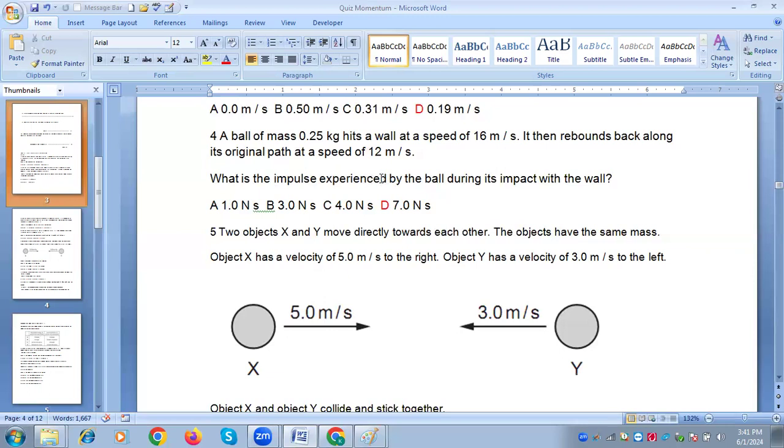So here, initial momentum, we will have to take a sign convention. If motion is towards the right, the ball collides with the wall.